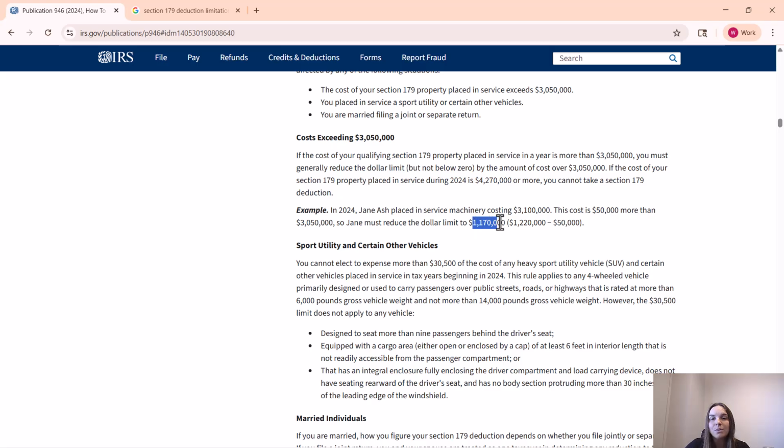So this is the new limit that she can take for her Section 179 deduction in 2024. Okay? So if you end up placing in service in 2024 $4,270,000 in qualifying Section 179 property, you can't take a Section 179 deduction. At that point in time, Congress decided you are able to purchase too many assets, and your deduction is phased out.